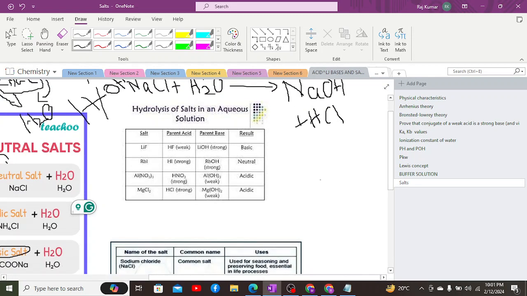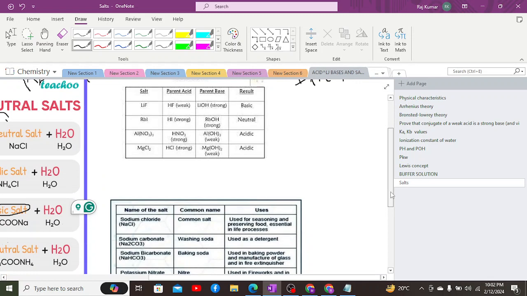And basic salt will have pH more than 7 and will dissociate OH ions, not necessarily, but it will basically have pH more than 7, and it will show a litmus change from red to blue. So for basic salt, red to blue; for acidic salt, blue to red; and for neutral salt, there's no change in color.